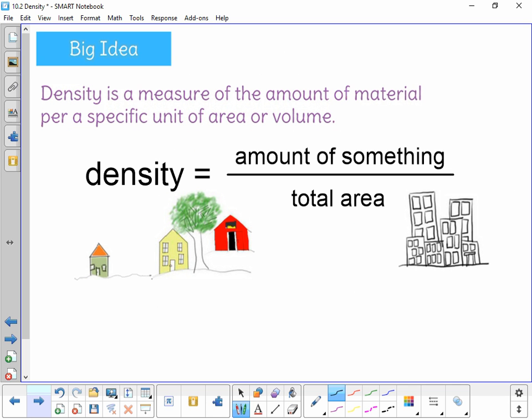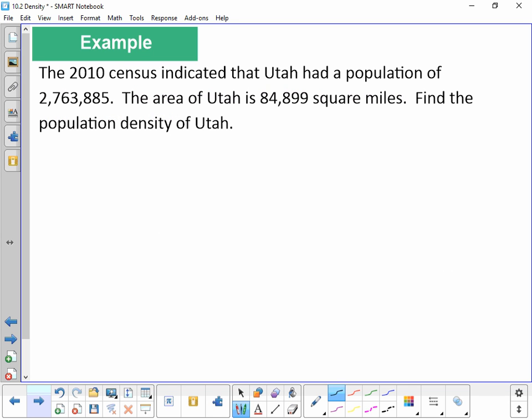So we can do density as related to area almost the same way. Density is the amount of something divided by the total area. So let's look at some population densities. That's a really common type of density. The 2010 census indicated that Utah has a population of 2,763,885.